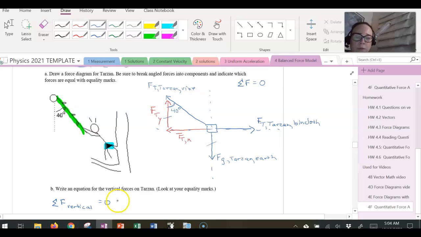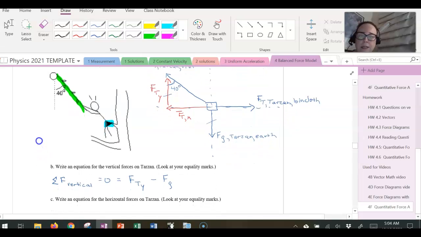Those are congruent. And so if I wrote an equation for those forces, I would add the force that goes in the positive direction, which is up, and I would subtract the force that goes in the negative direction, which is down.